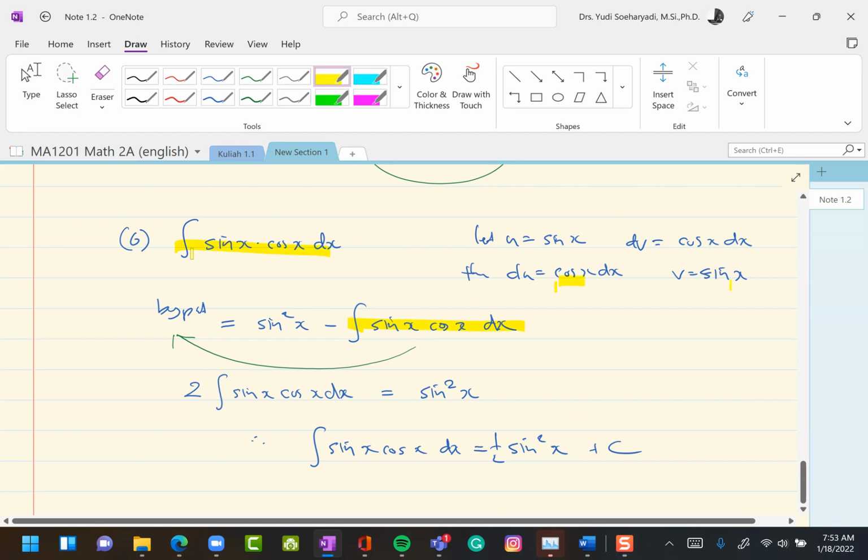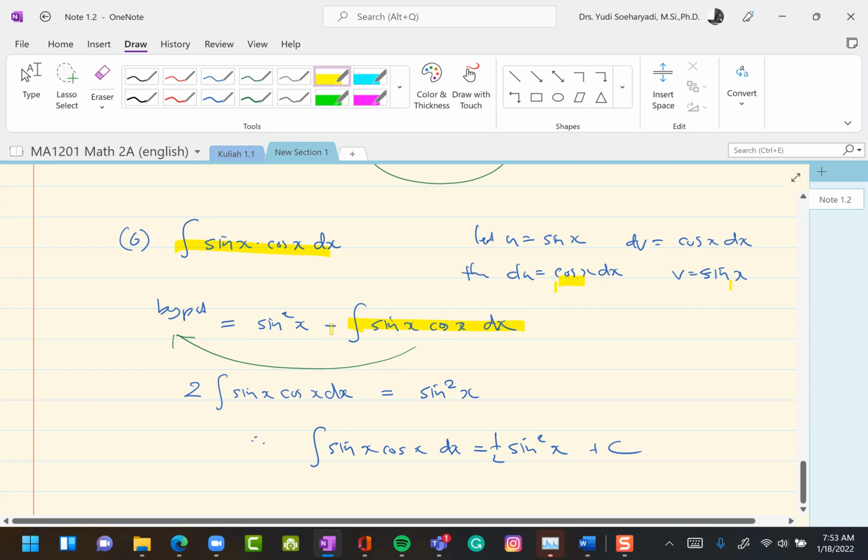So we start with the integral of sine x cosine x and we end up with exactly the same thing. But see, this is with a different sign, so you can move this to the right-hand side. In fact, this negative sign is where our luck comes from.